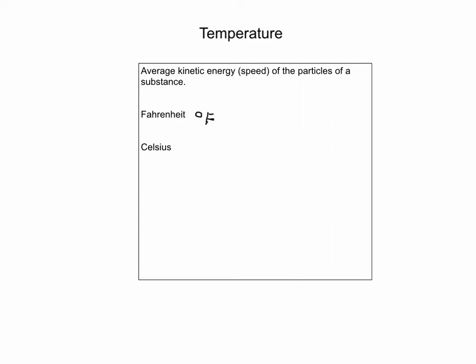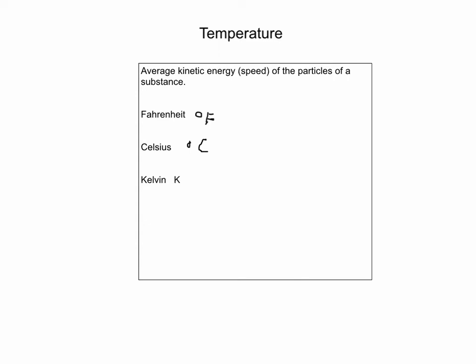The symbol for this is degrees C. And there's actually a third unit that's also used, and you're going to use it a lot when we talk about gases, and this is Kelvin. The symbol is capital K.